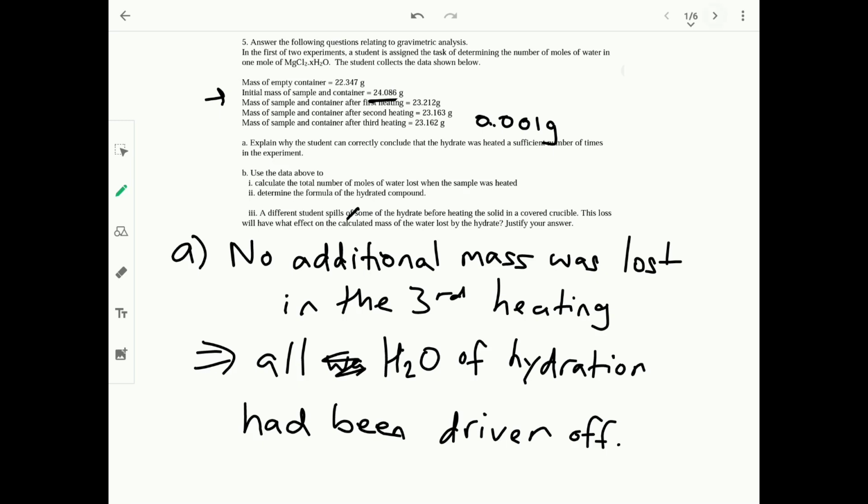Now moving on to part B. It says use the data above to calculate the total number of moles lost when the sample was heated. The initial mass is 24.086 grams, right?